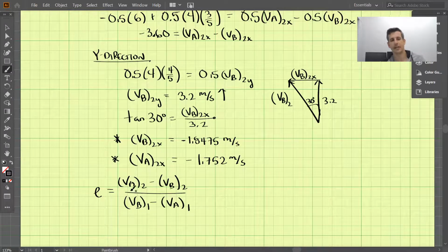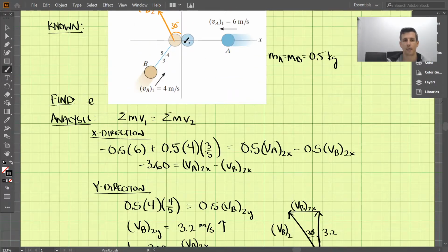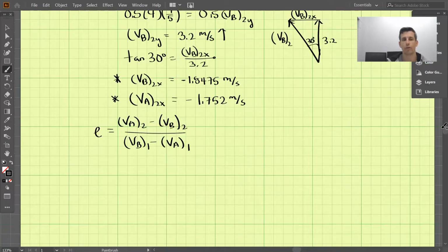We have these x and y components, but remember the coefficient of restitution only applies along the line of impact, and for this problem the line of impact is the x-axis. So we're only using the x versions of these variables, after and before the impact.